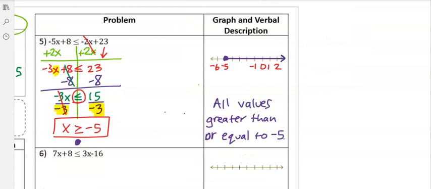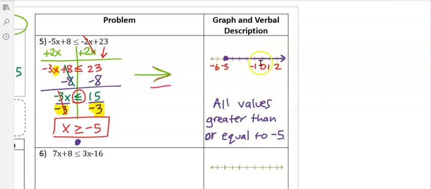Okay guys, check to see how you did on this graphing. Remember, look at the symbol we ended up with. It was x is greater than or equal to -5. So if you forget which direction it goes, remember you can take the symbol and make it into like a little arrow, and it kind of tells you the direction you should shade.